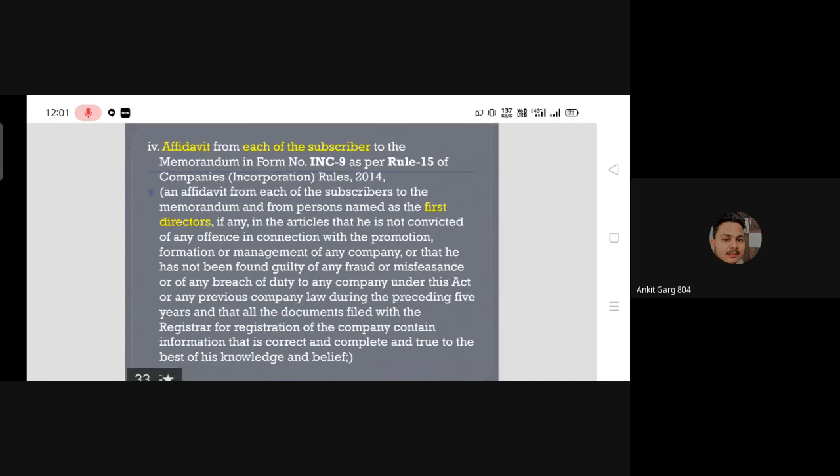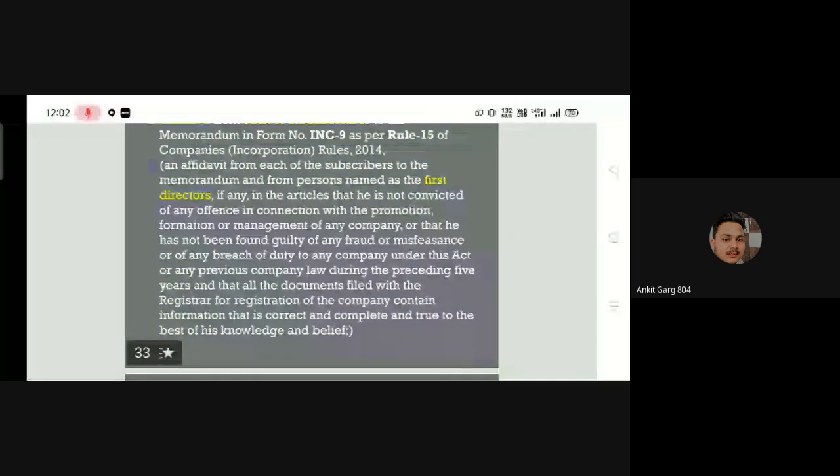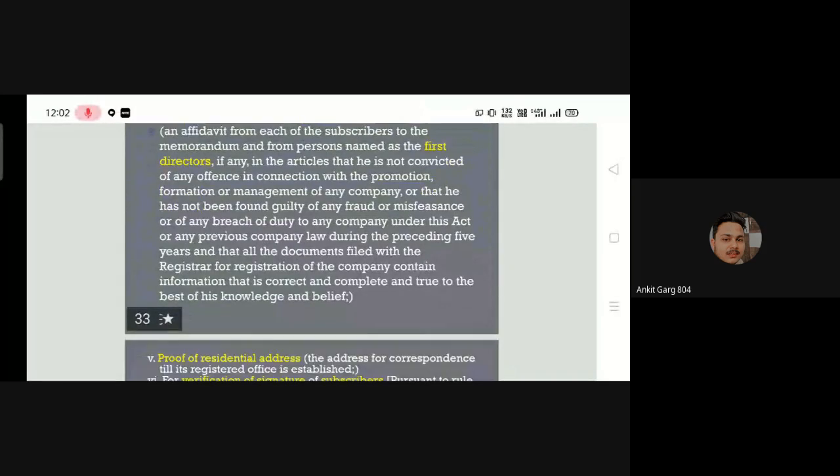In the affidavit the subscribers have to state whether any offence has been committed by them, and from the persons named as the first directors, if any, in the articles, that they have not been convicted of any offence in connection with promotion, formation, or management of any company, or found guilty of any fraud or any breach of duty to any company under this Act or any previous company law during the preceding 5 years, and that all documents filed with the Registrar of Companies for registration contain information that is correct, complete and true to the best of their knowledge and belief.